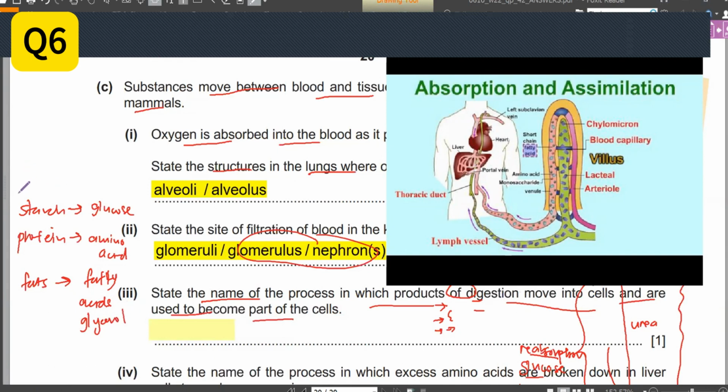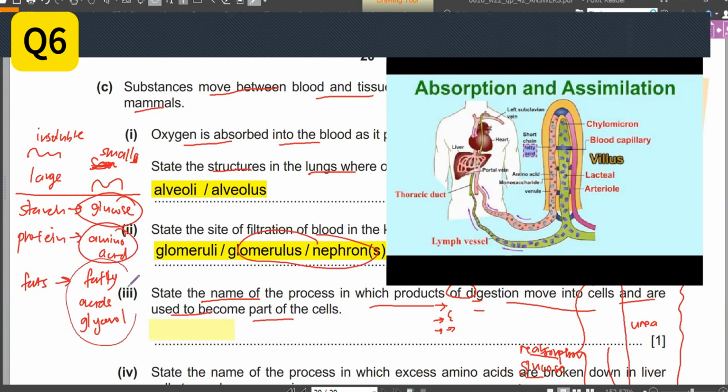These are the large molecules. They are insoluble, so we cannot use them. But once they are digested into small molecules, they become water soluble, and small enough for us to absorb. In our small intestine, we have the villi, which can absorb all of this glucose, amino acids and fatty acids.